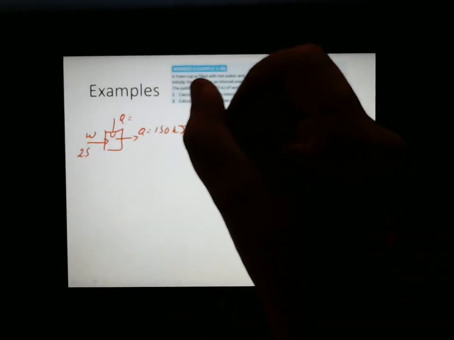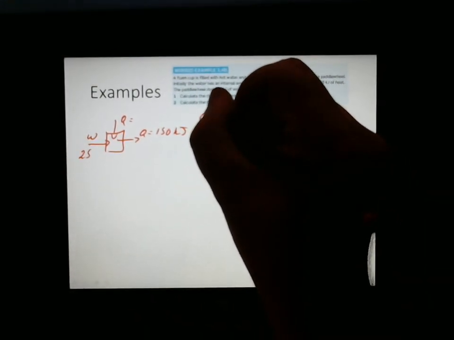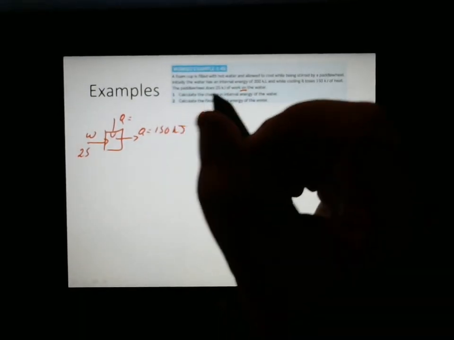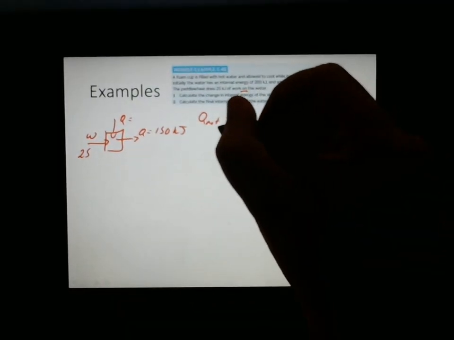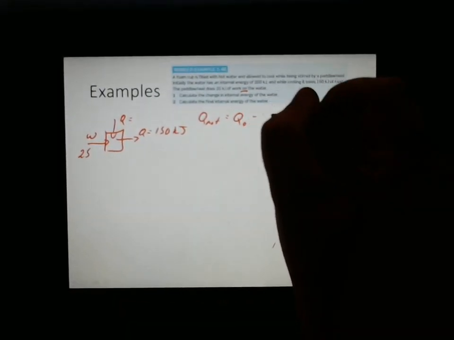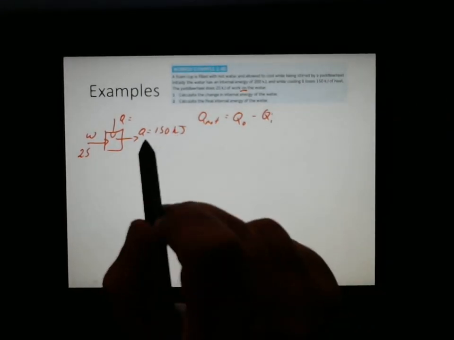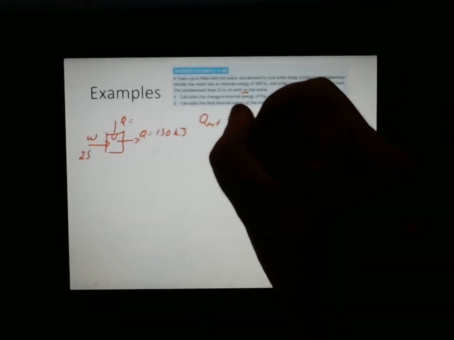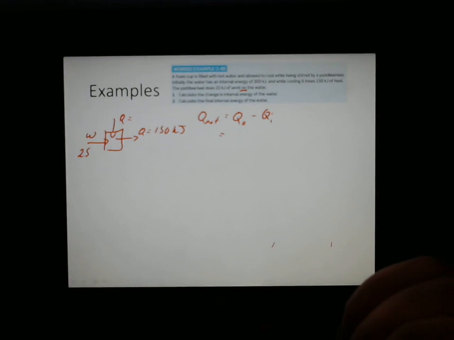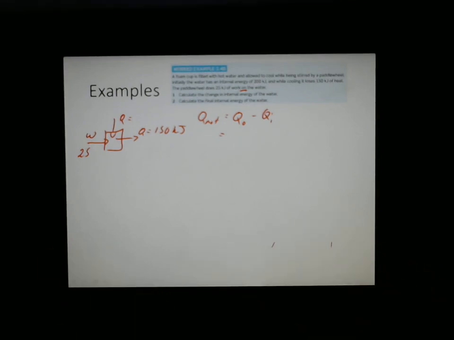So let's have a look. Our net Q, okay, so output take away input. So Q out take away Q in. Well, here's our output, 150. And here's our input, which is 0 in this case. There's nothing there that's being given to us.